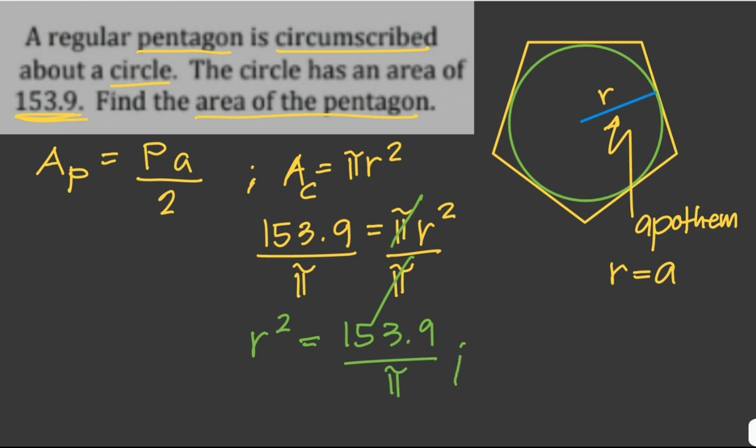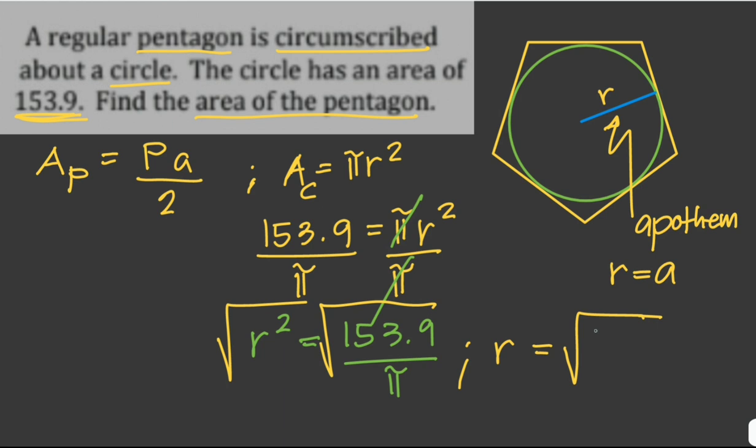Then we can solve for the radius by getting the square root of both sides. The square root of r squared is r, so r equals the square root of 153.9 over pi, which is just equal to the square root of 48.99.